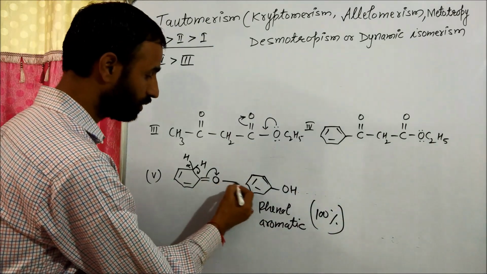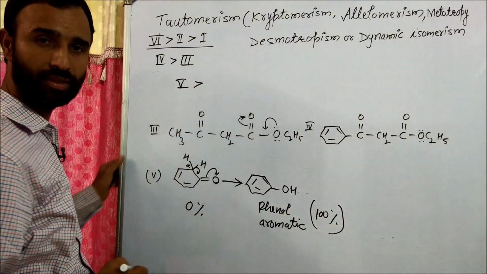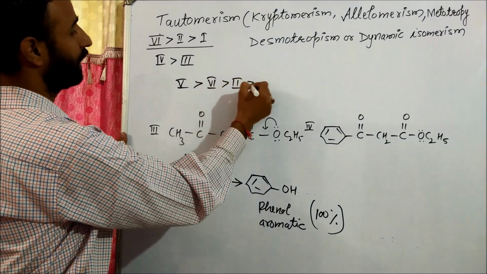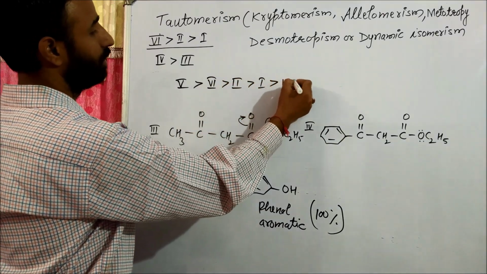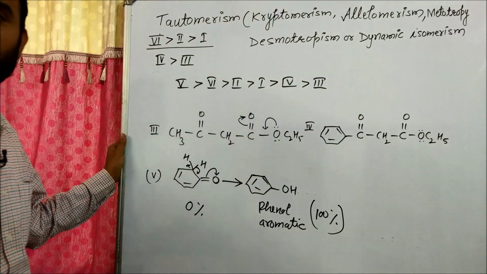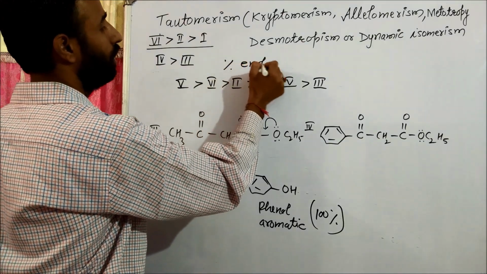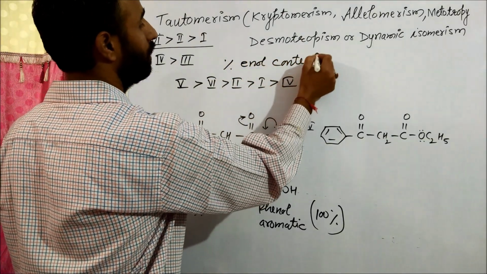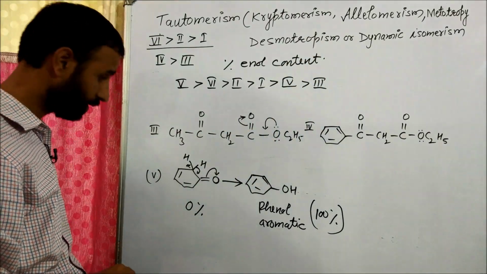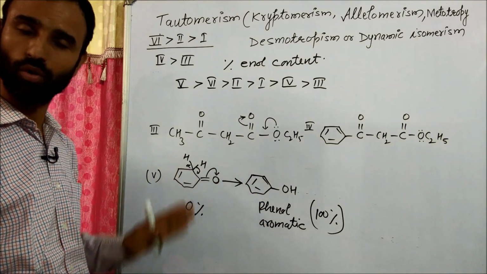That means the equilibrium is always on this side. That means fifth has maximum enol content, then sixth, second, first, fourth, third. This is the order of percentage of enol content, right?